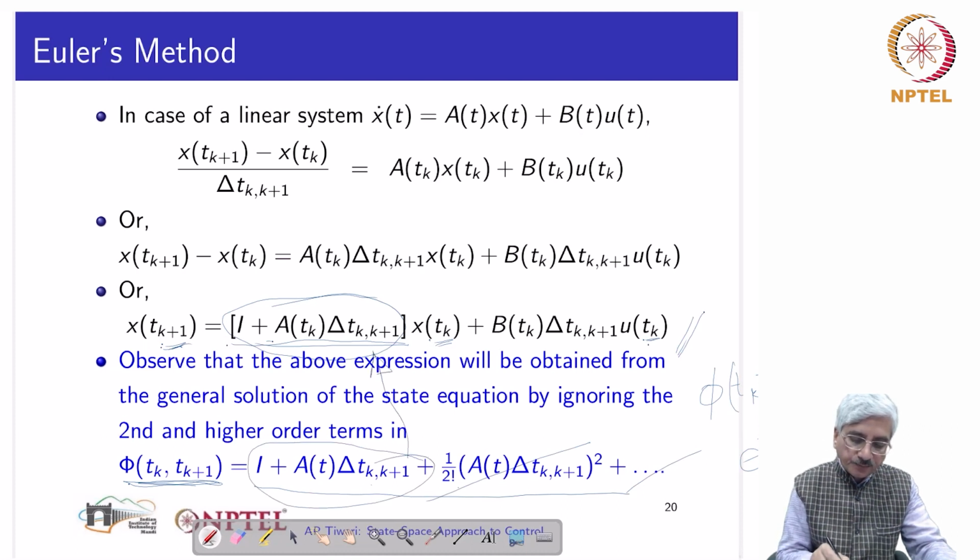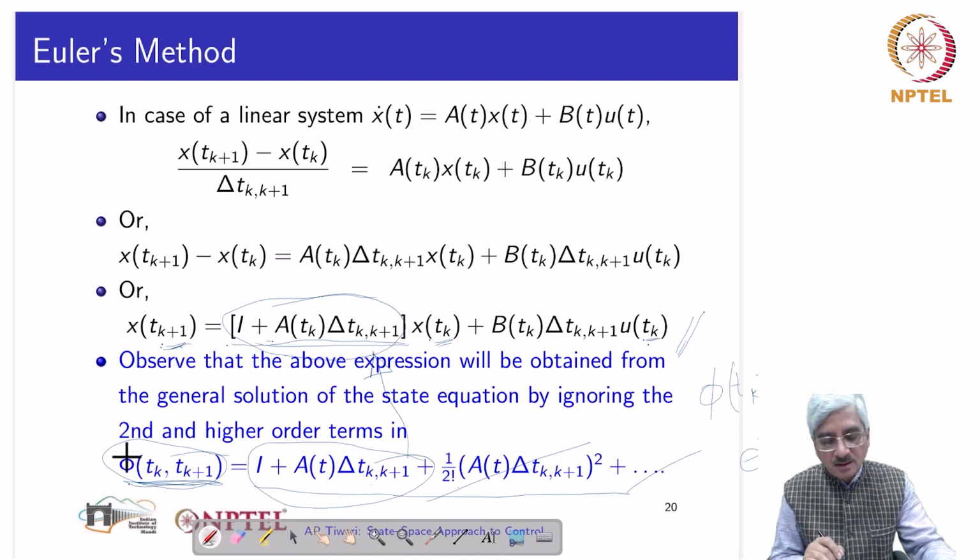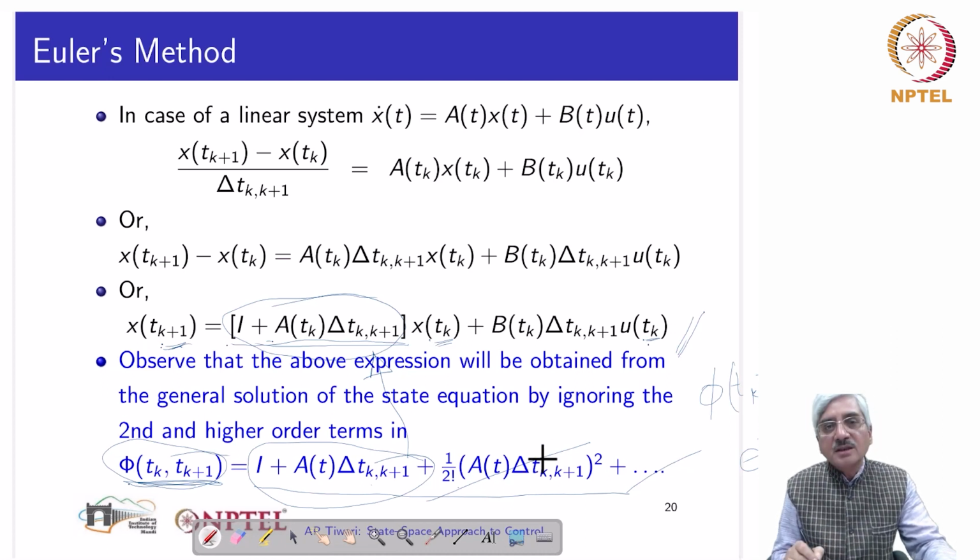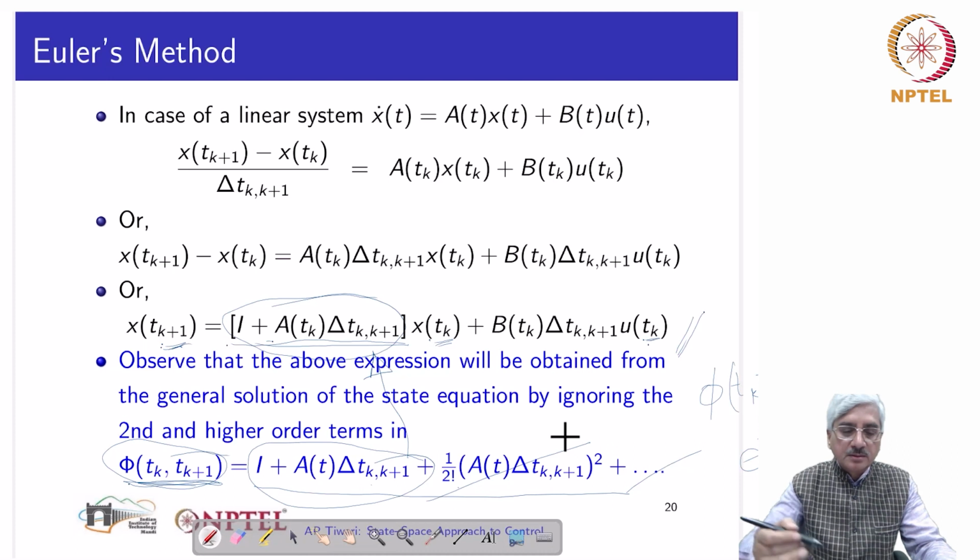So Euler's method is essentially, in case of a linear system, an approximation of this state transition matrix by ignoring the second and higher order terms.